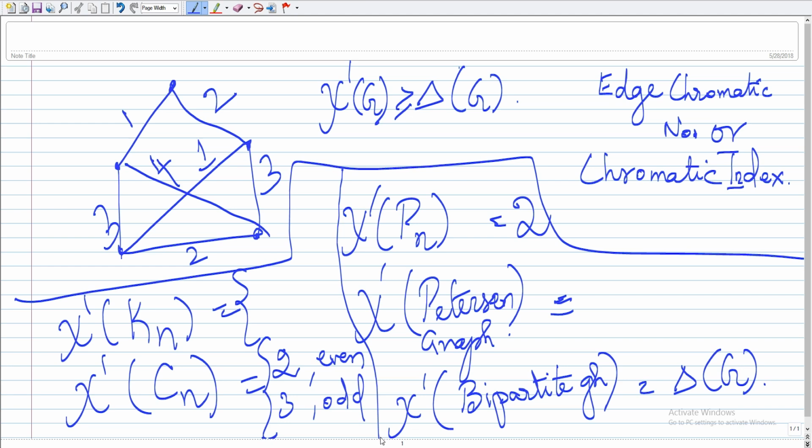Is it that difficult? n into n minus 1 by 2, wow, that is a good number. Can you tell me how did you come up with that? Because first you choose one, then the other guy has one less option, then the other guy has 2 less options. Who is the other guy? The other remaining edges. Why should it be? We are talking about proper coloring, right? Why you require n into n minus 1 by 2?